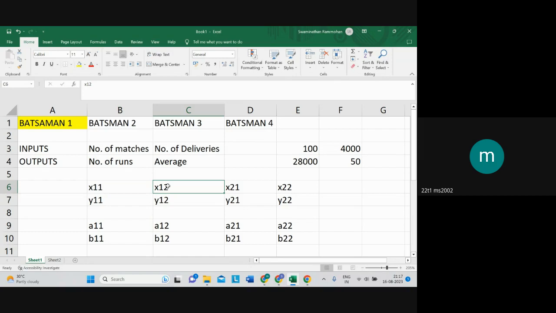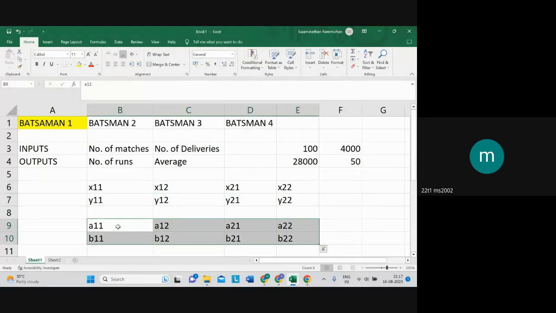So now DMU3 is getting the optimal weights of A11, A12, A21, A22, and so on, B11, B12, and so on, so that its efficiency is maximized. So it is free to choose any weight so that its efficiency is maximized. So in that particular case, DMU3 has chosen the weight of a particular input or output to be 0 so that its efficiency is maximized.